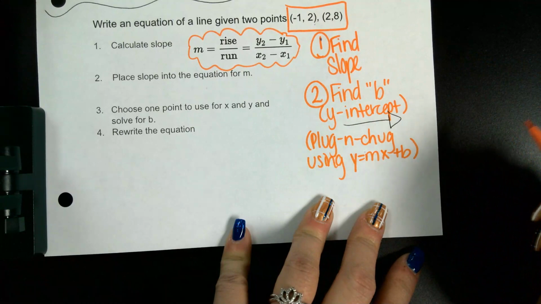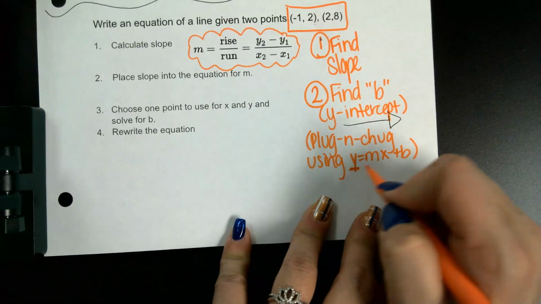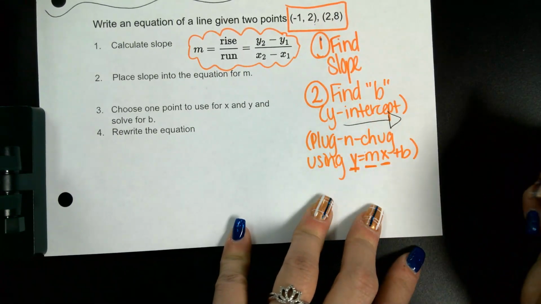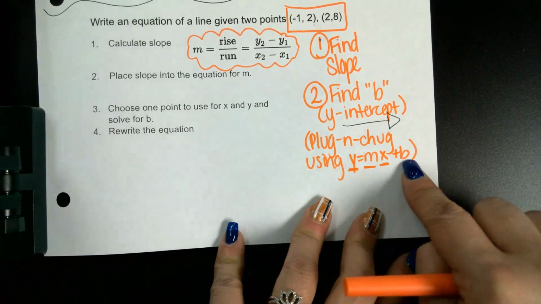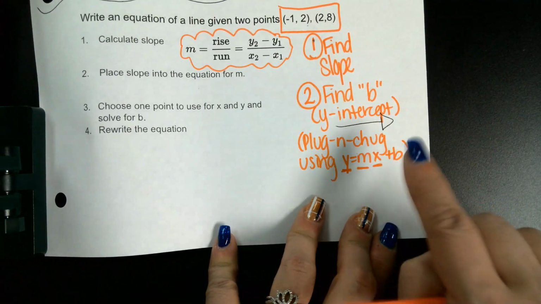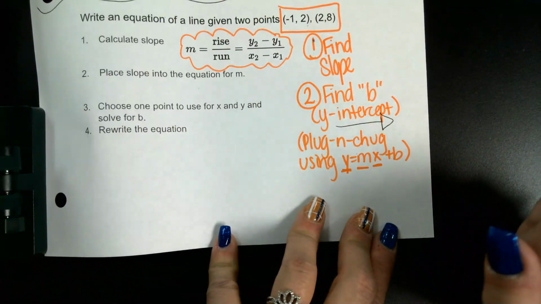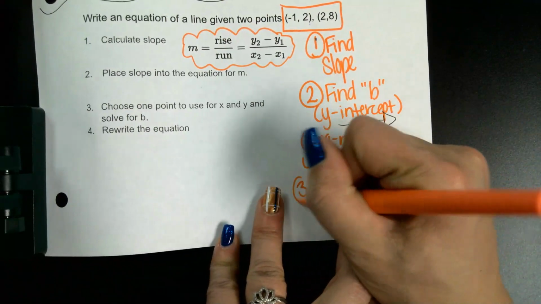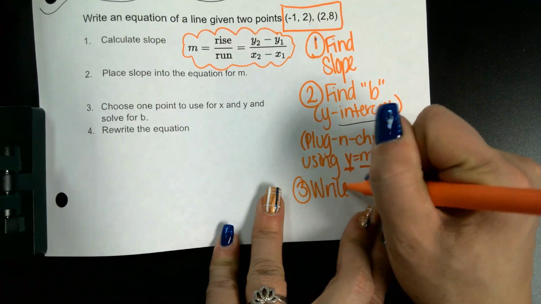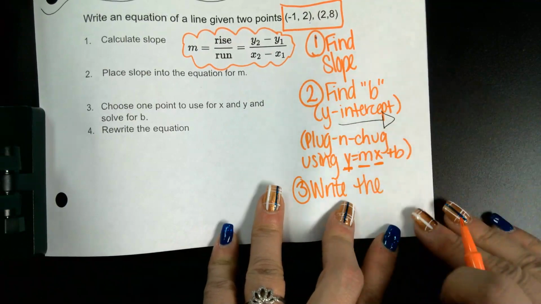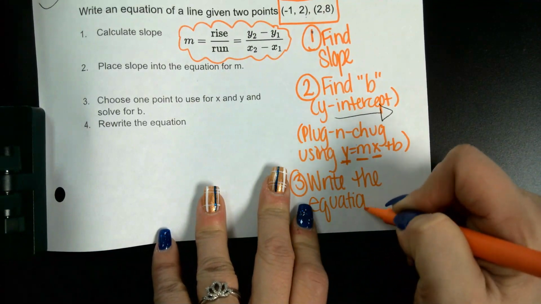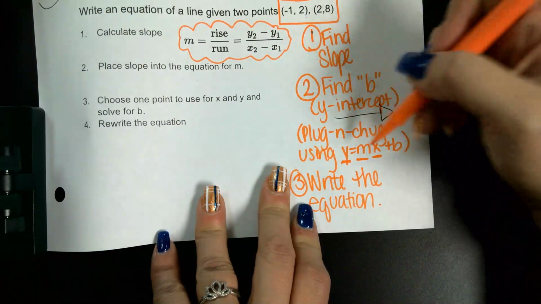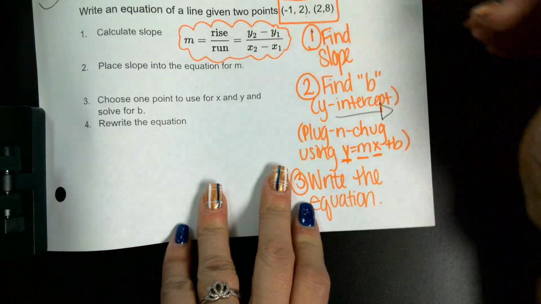So look at the board, please. You guys will know y, you'll know m, you'll know x. So we will plug 3 numbers in right here. And then you guys will actually solve the equation for b, and that's how you find your y-intercept. Last step is write the equation. So you'll write the equation using your 2 answers that you found in the first 2 steps.